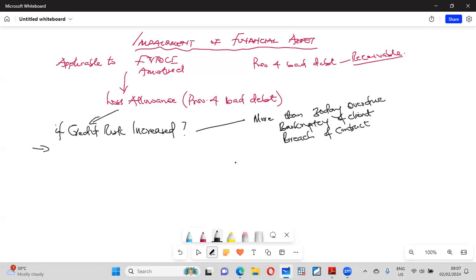So you will see some of these things in the question. The moment you see these things, it means that credit risk has happened. So it means that there is what we call credit impaired. It means your credit, which is your receivable, is impaired.